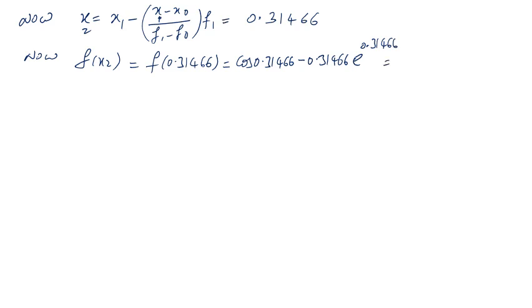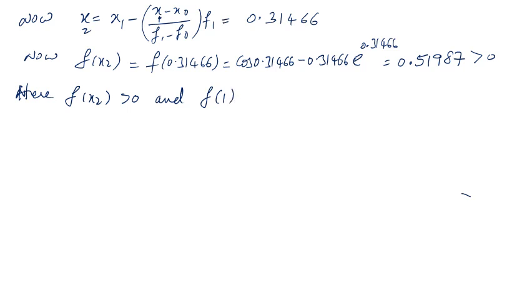This value we got already, 0.51987. This is f of x2, and it is positive. Now f of x2 is positive, and in the first stage f of 1 value is negative, minus 2.178. This is the main important point.